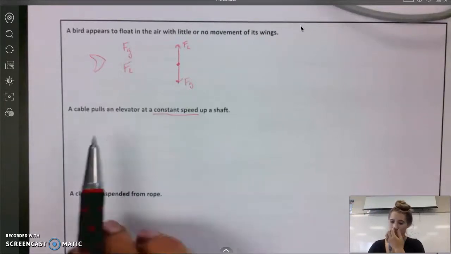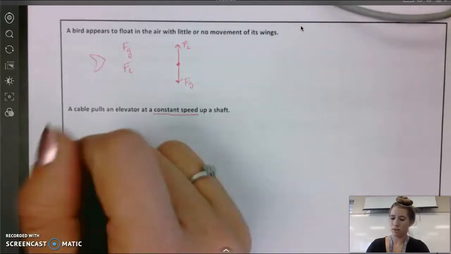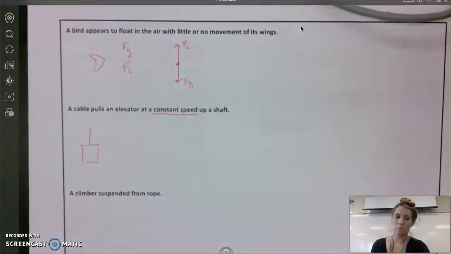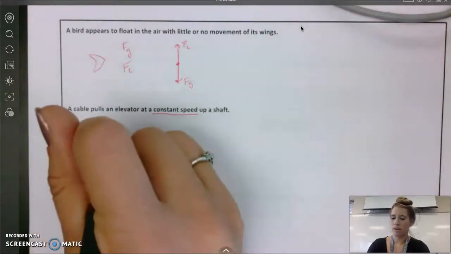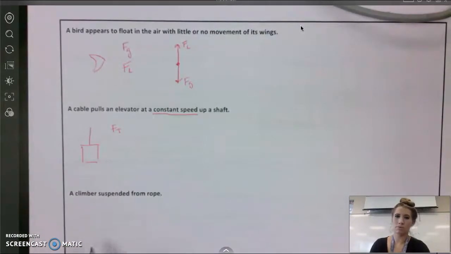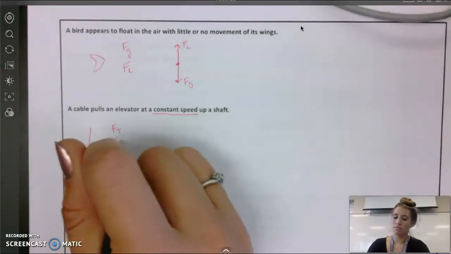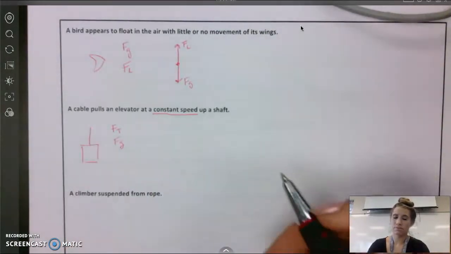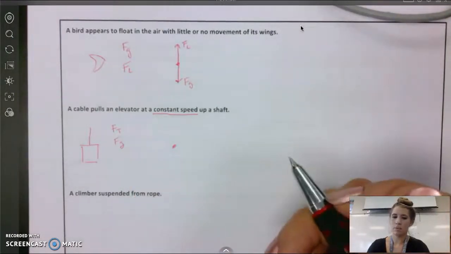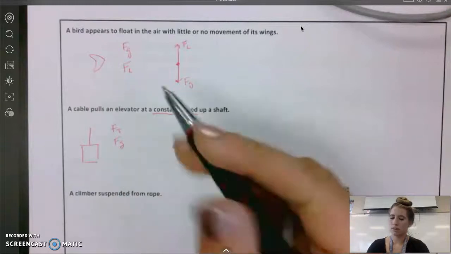Okay? So a cable pulls an elevator. So we have our elevator and the cable that's pulling it, and it pulls the elevator at a constant speed up the shaft. So we have force due to tension of that cable, and we have force due to gravity. Here's the dot that represents my elevator box.